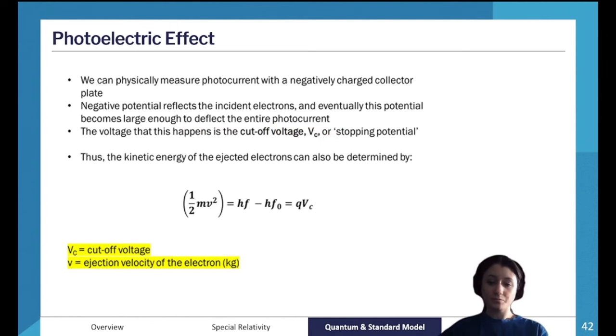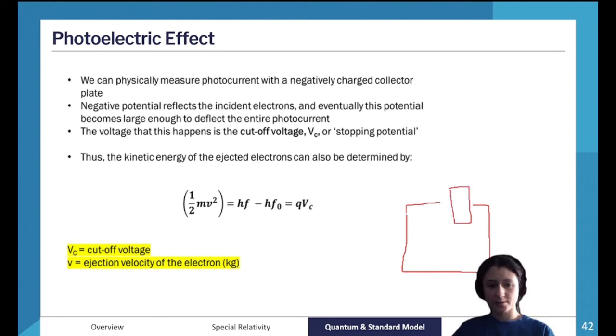Just for a little bit of background, a negative voltage is where you have a negative potential difference. A way you could visualize this is when you usually think about your battery wire setup, but here we have our little photocurrent apparatus instead of a battery.